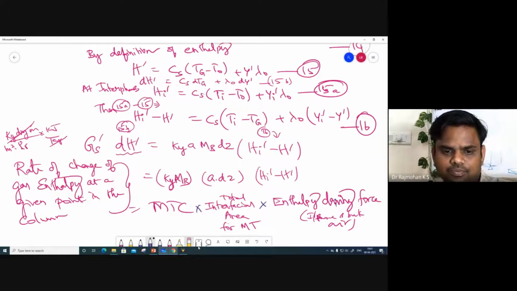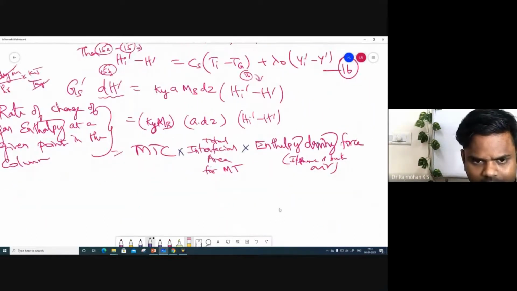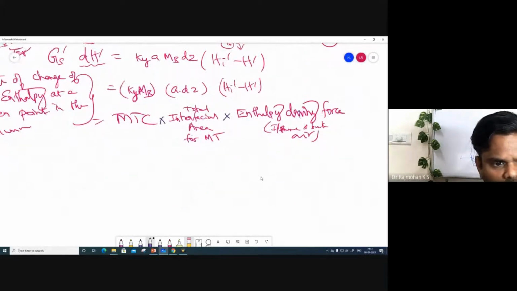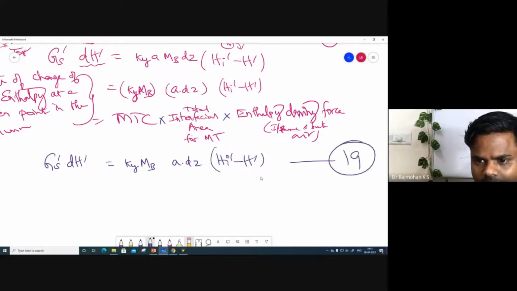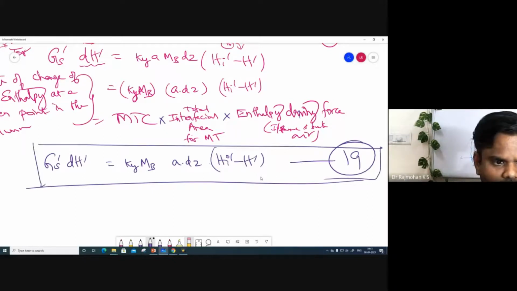Now we can take this equation. Have I given it a number? No. Okay, let us give a number to this equation. The rate of change of enthalpy, Gs' dH', is equal to KyMb into a into dz into (Hi' minus H'), equation number 19, and this equation forms the basis for determining the height of the packed tower.